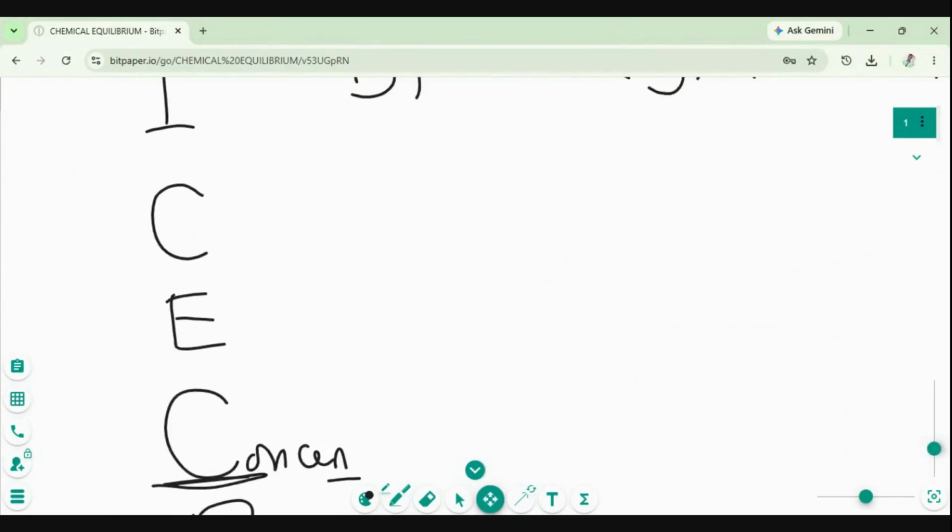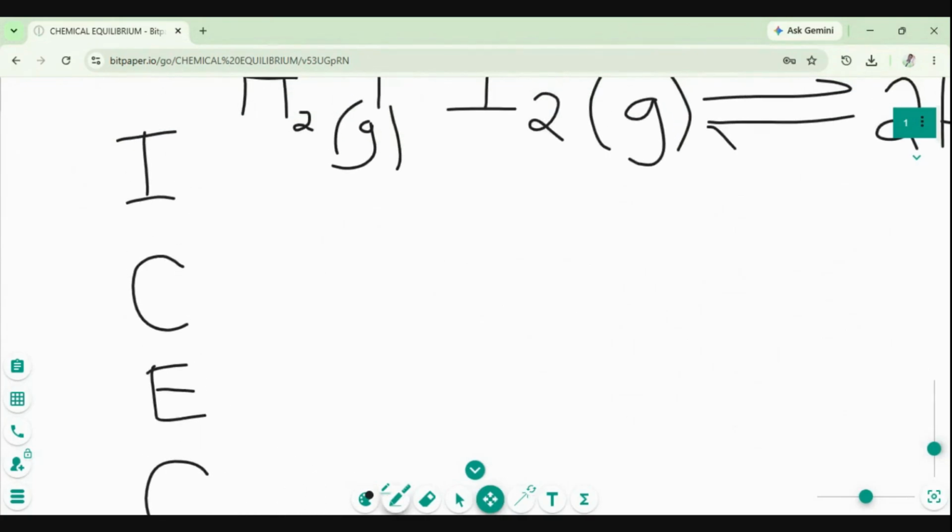The first I stands for initial moles: what do we have initially? Then C refers to change, the change in moles. And E stands for the moles at equilibrium. What are the moles at equilibrium?